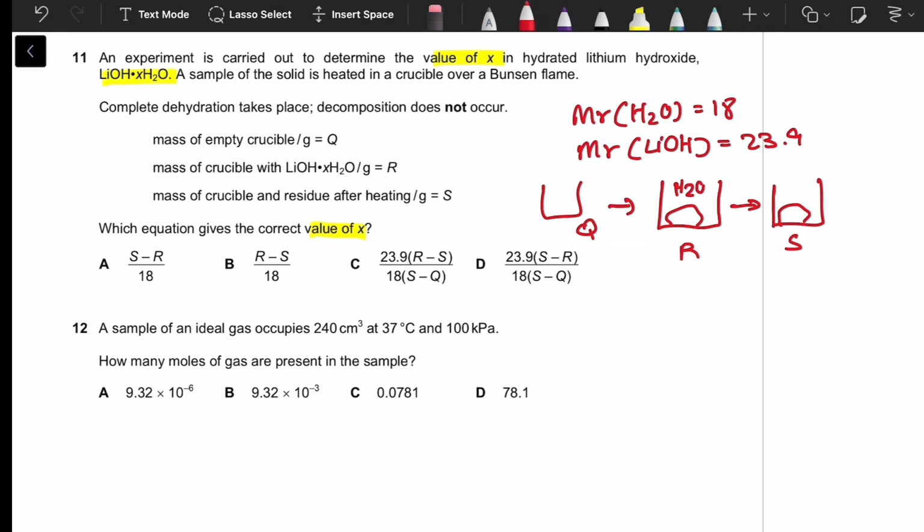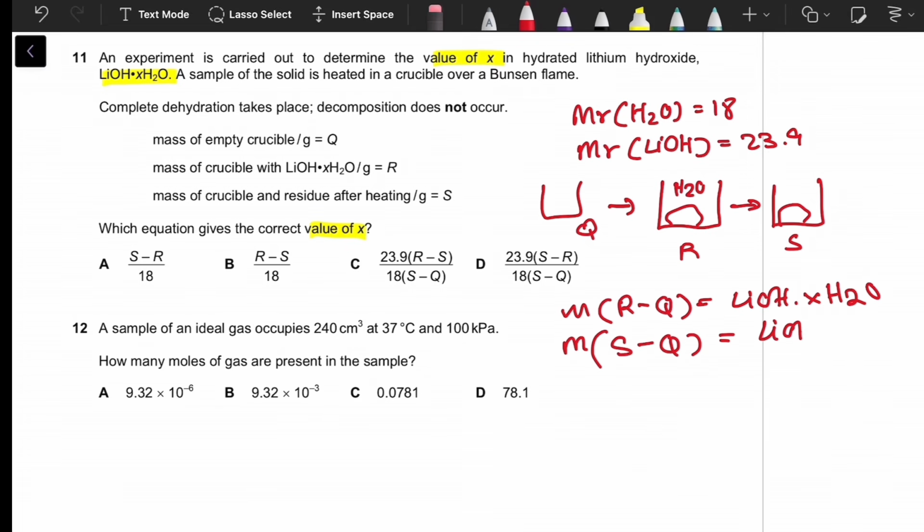Okay, so what does this mean for us? The mass of the hydrated solid, LiOH·XH2O, is equal to R minus Q. The mass of our anhydrous LiOH is equal to S minus Q, because obviously we need to deduct the mass of the crucible.